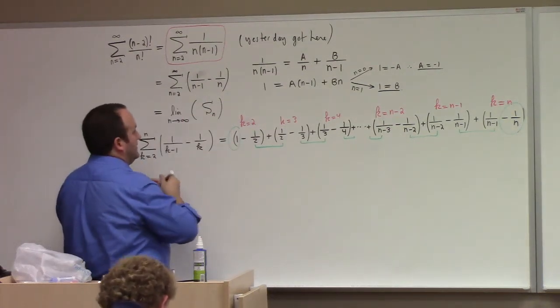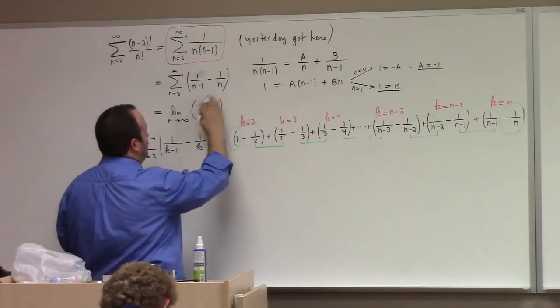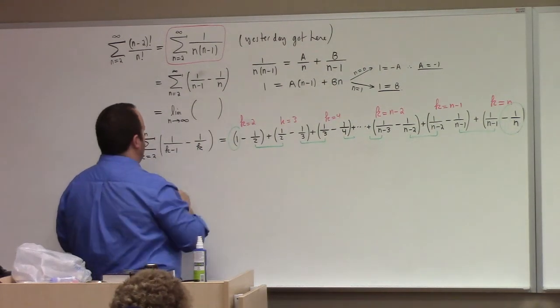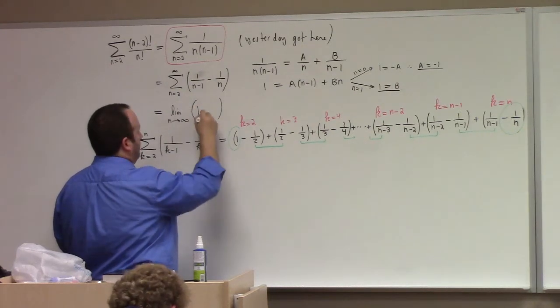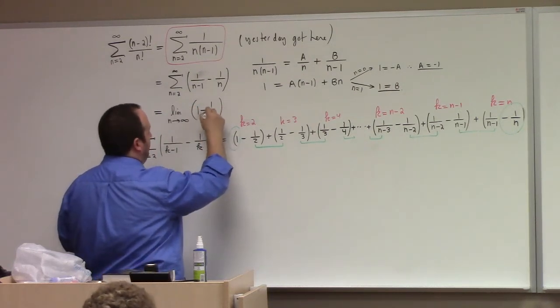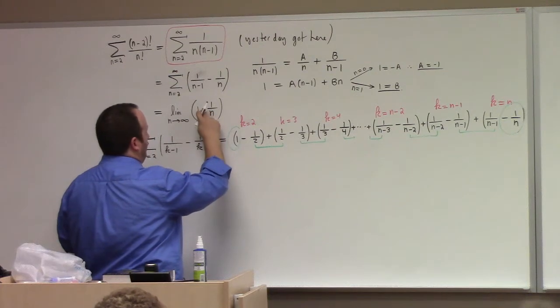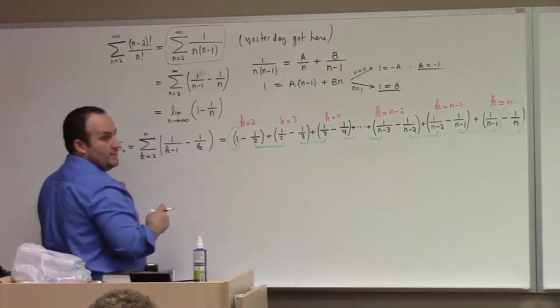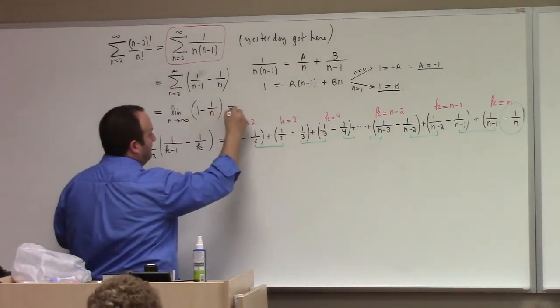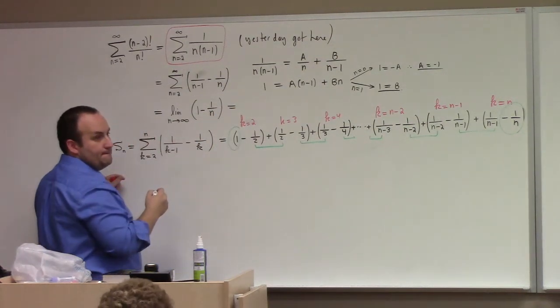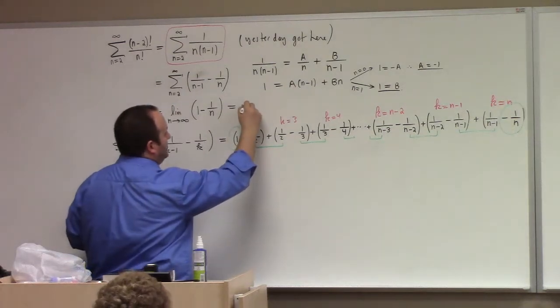In fact, this S sub n is actually what? We can replace this with 1 minus 1 over n, right? So in fact, the sum of the series is what? 1, right? Yeah, this series converges to 1.